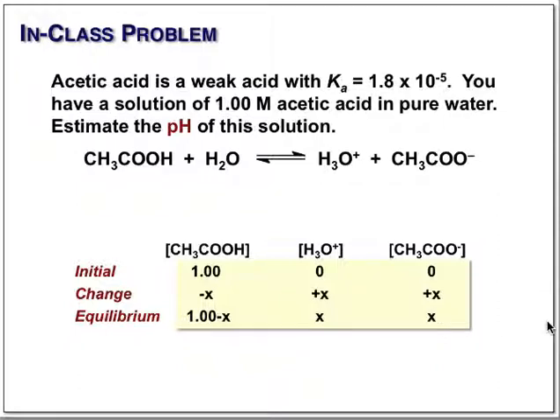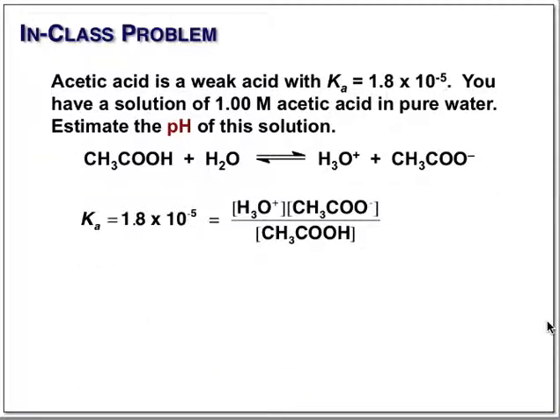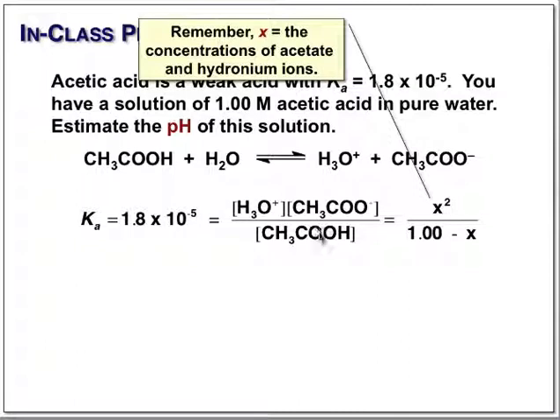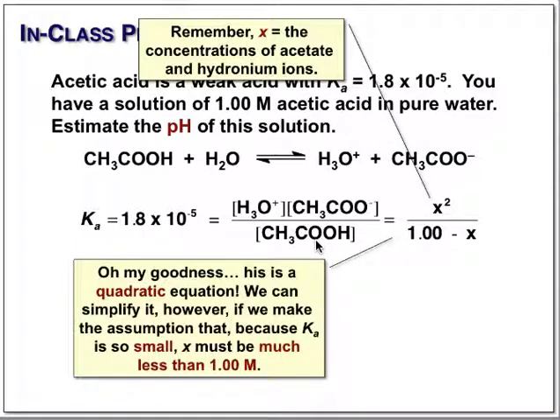Now let's take our equilibrium expression and substitute. Each of these is equal to x, and this is 1 molar minus x. Now this expression as it sits is a quadratic. We could solve it with the quadratic formula, but we can take a shortcut here. We know that this is a weak acid, so x, which is hydronium, is going to be very small.